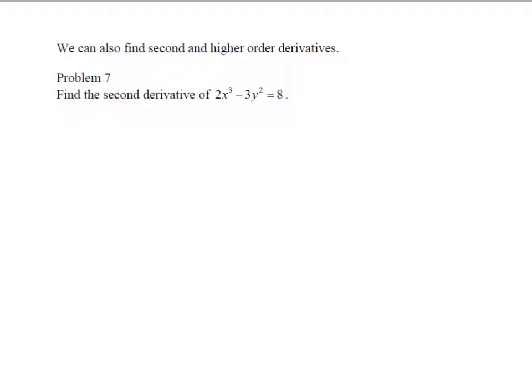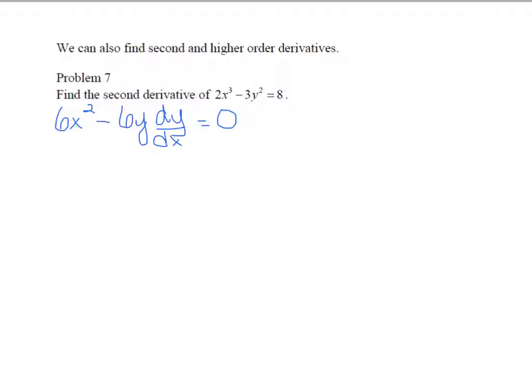We can also find second and higher order derivatives using implicit differentiation. So in order to do this, we want to find the second derivative of 2x cubed minus 3y squared equals 8. Again, before we can find the second derivative, we need to find the first derivative. So we would have 6x squared minus 6y dy/dx equals, the derivative of 8 is 0.